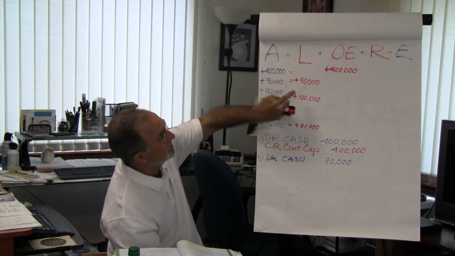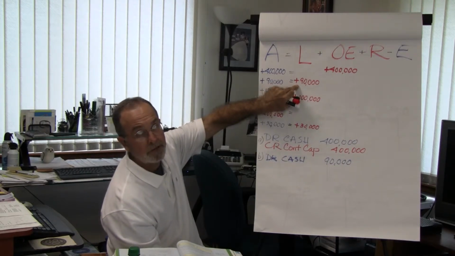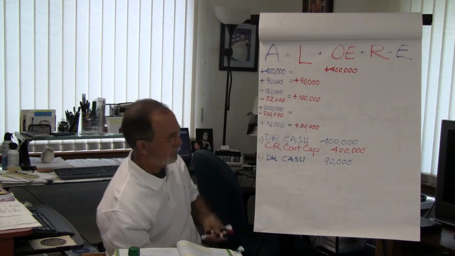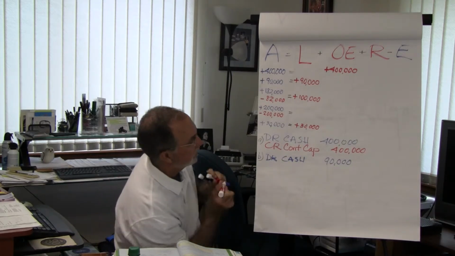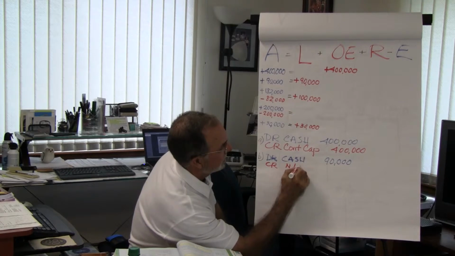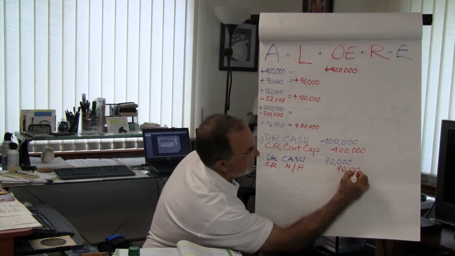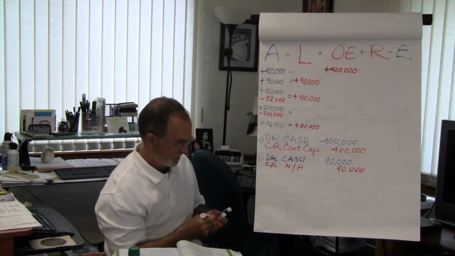And we added to a liability. This was a loan, so we added to notes payable with a credit of $90,000.